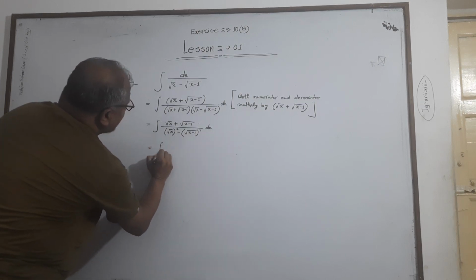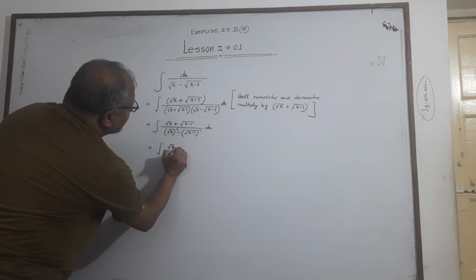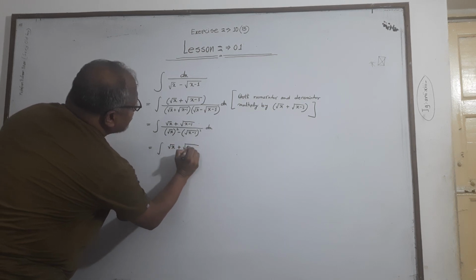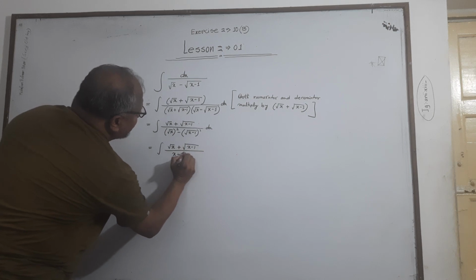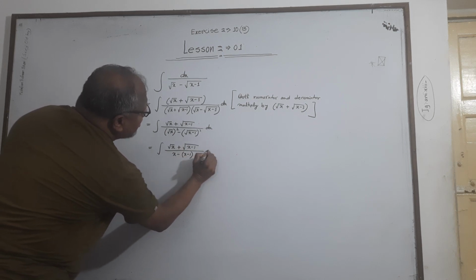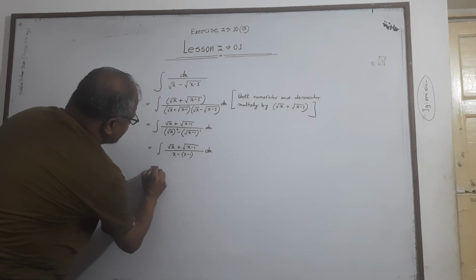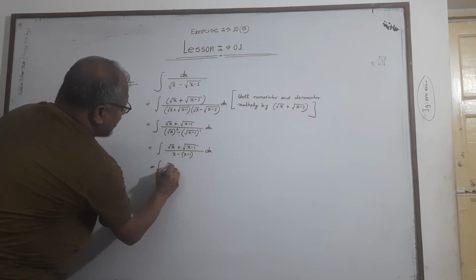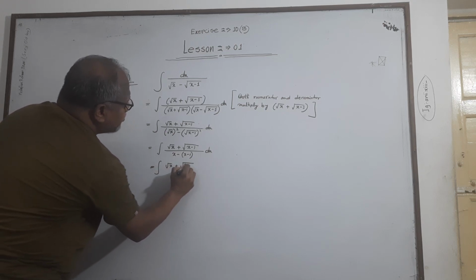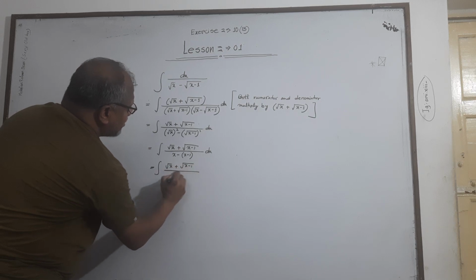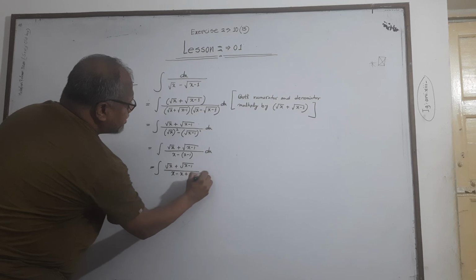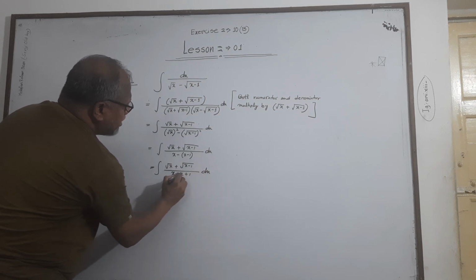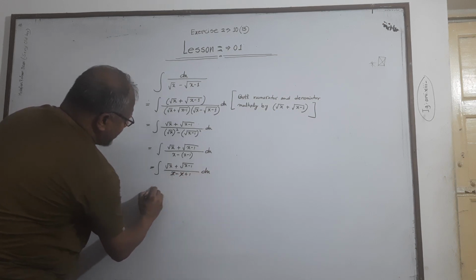So here integration of root x plus root over x minus 1 divided by x minus 1 into dx. So here root x plus root over x minus 1 divided by x minus x plus 1 into dx. This x and x is cancelled.